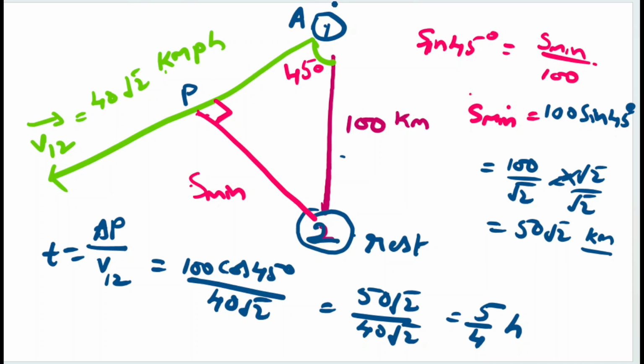So time equals 100 cos 45 by 40 root 2. 100 cos 45 again gives 50 root 2, so 50 root 2 by 40 root 2. Root 2 root 2 gets cancelled, giving 5 by 4 hours. This is the time for both the cars to reach the minimum separation, or distance of closest approach.